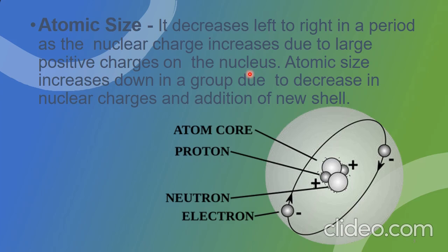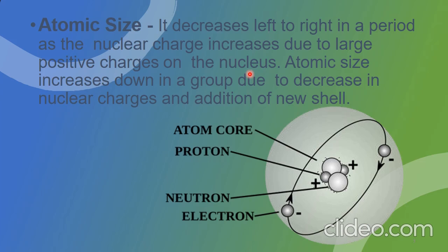As we know, the electrons keep on adding in the valence shell, and the atomic size regularly decreases on moving left to right. How is it decreasing? The addition of extra electrons takes place in the same shell. When we move from left to right, the atomic number keeps on increasing.